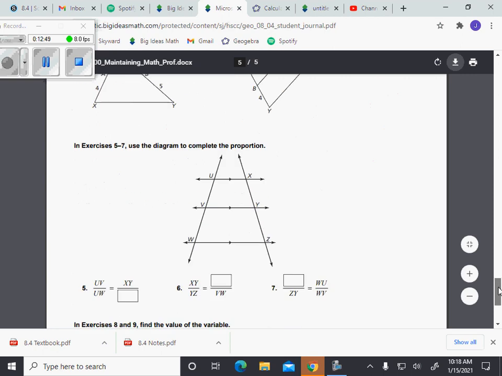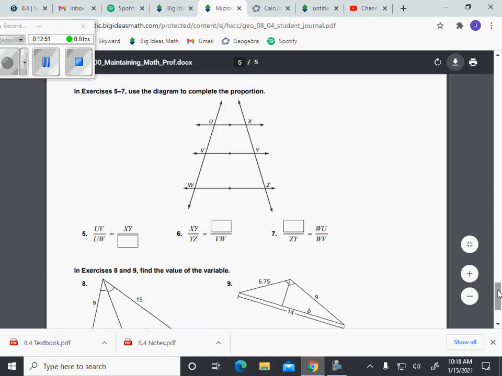Moving on. We're just going to use this diagram to complete 5, 6, and 7. So UV over UW equals XY over, what's it going to be? It's going to be XZ.